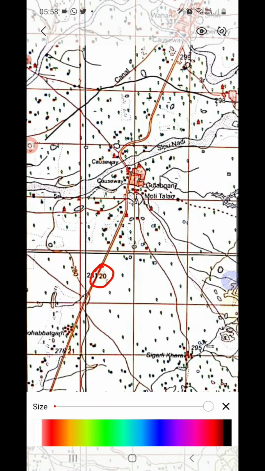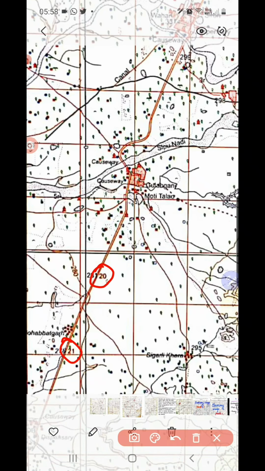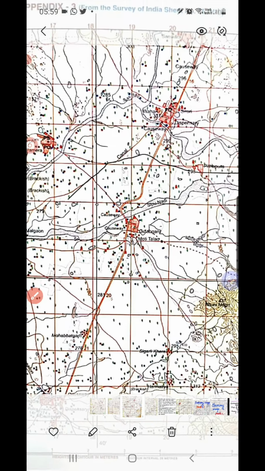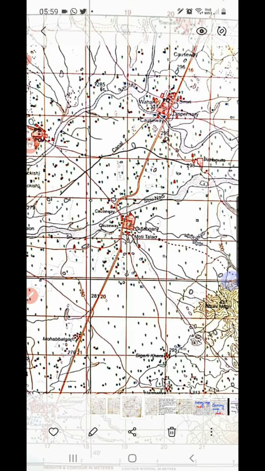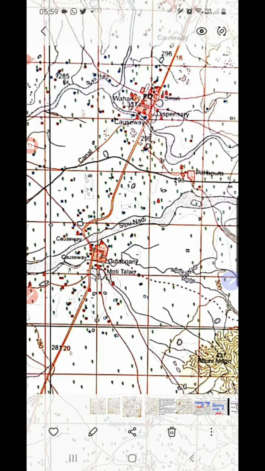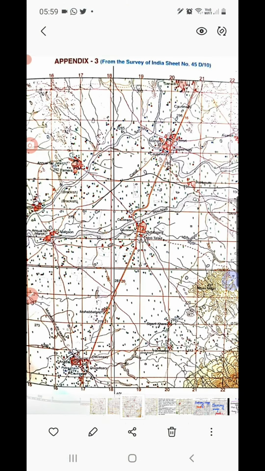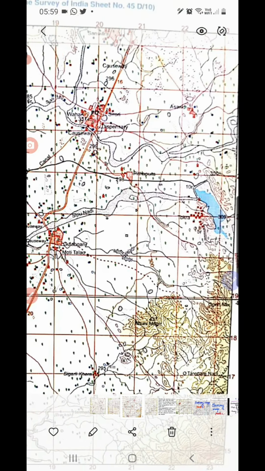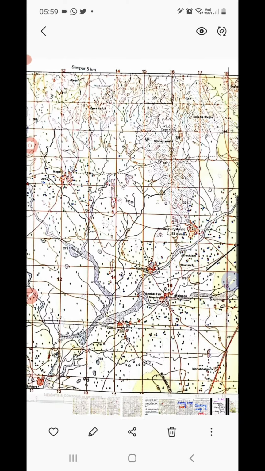You know what the use of a milestone is. When you travel, you can observe milestones on the roads. Yes, 20, 21. These are all milestones. Then you can also find spot heights in many places.